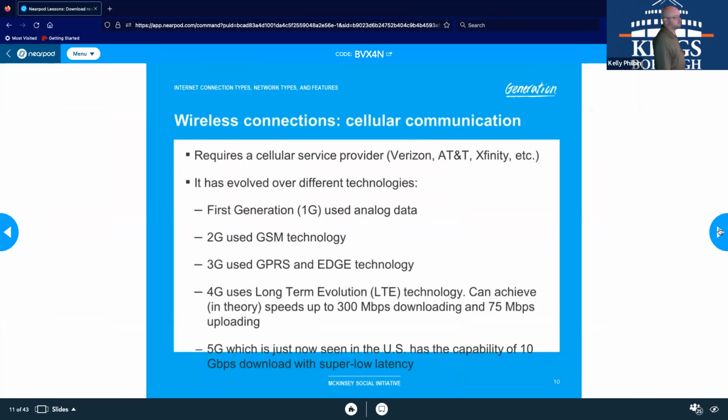Okay, so cellular communication. We should all be thoroughly familiar with this. Instead of asking who has a smartphone, we might just say, who doesn't have a smartphone? Is there anybody who just doesn't want to give up the flip phone? They love it. It's awesome. No, nobody, everybody still has smartphones.